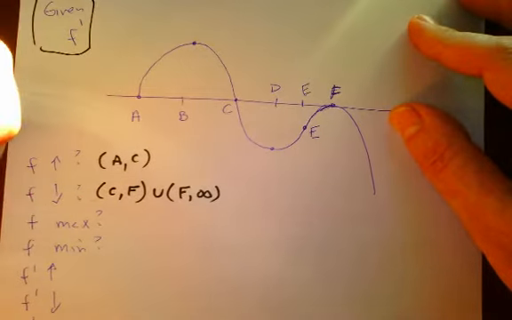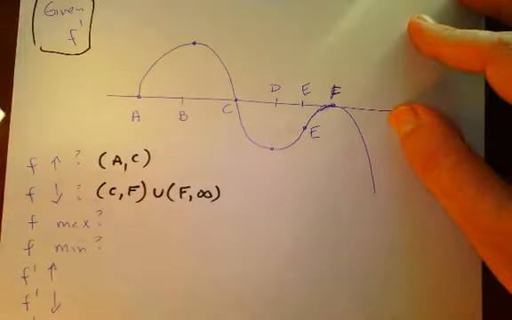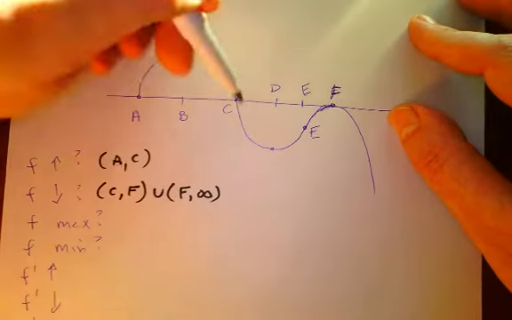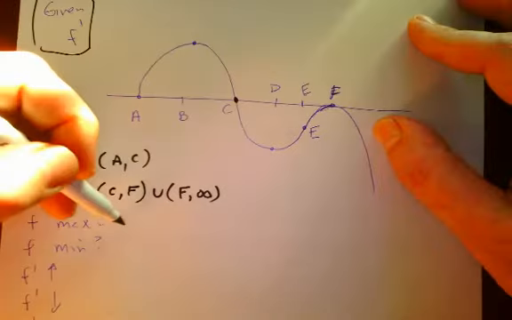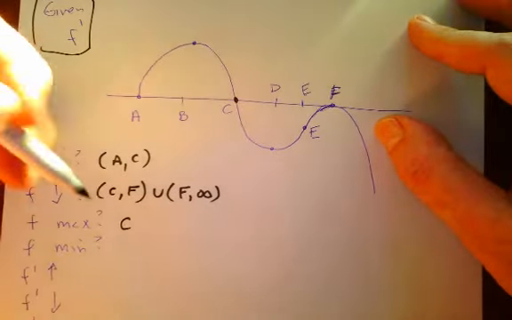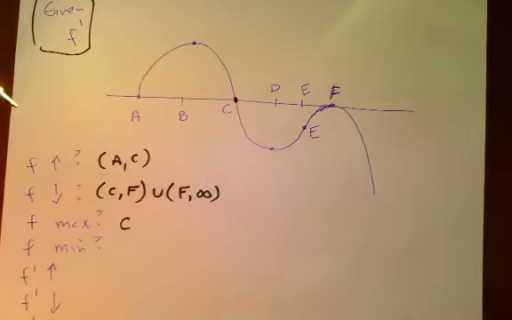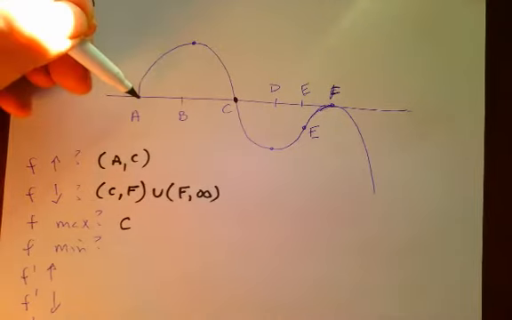Okay, when does f have a max? Well, f has a max when f goes from increasing to decreasing, or when f prime goes from positive to negative. So at this point, at point x equal to c, I think that f of x has a max.